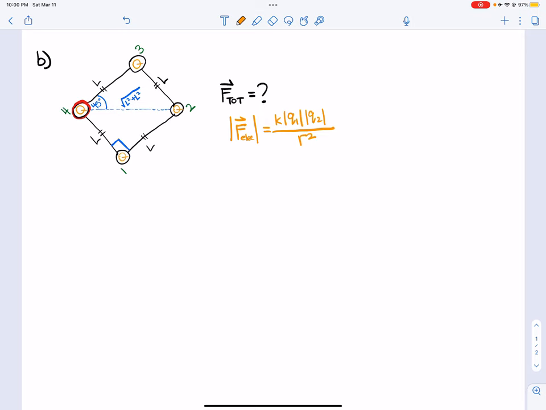Also this is Coulomb's law, right? And you guys should have this in your cheat sheet. So K is the electrostatic constant. So it is a constant, right? And K is equal to 1 over 4 pi times epsilon naught. So this is a constant. Okay, also have this in your cheat sheet.